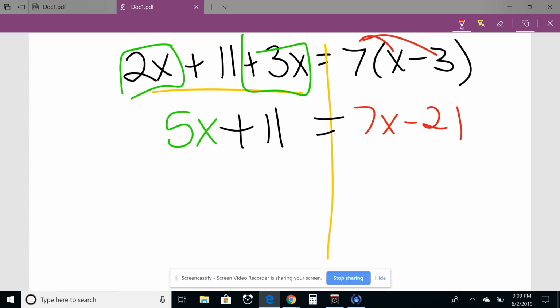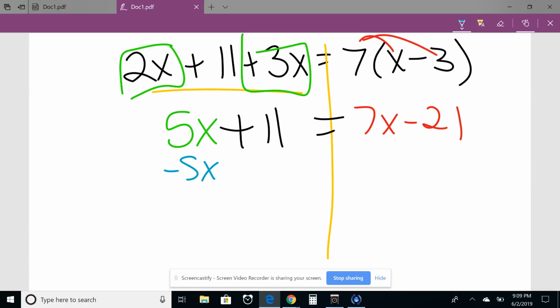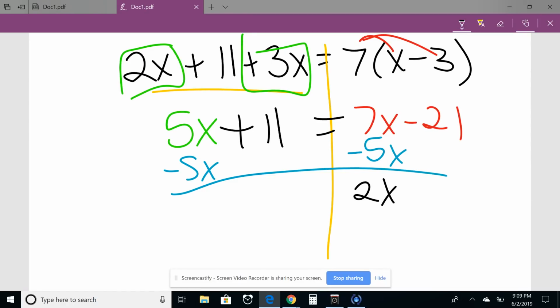Now we have an equation with variable on both sides like we did before. I'm going to minus the 5x from both sides. And you get 2x. Add the 21.